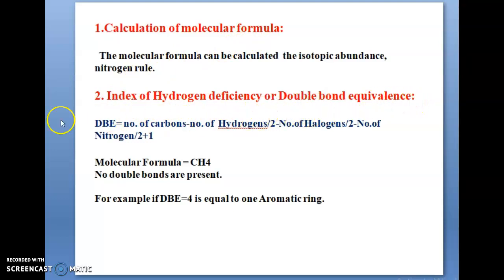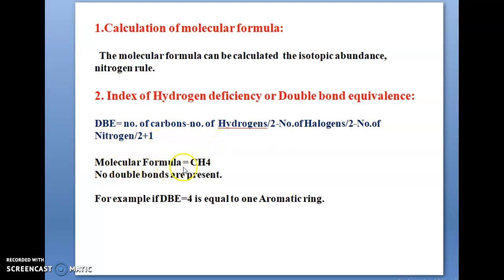How to find out the double bond equivalence? DBE, double bond equivalence, equals number of carbons minus number of hydrogens by 2, minus number of halogens by 2, plus number of nitrogens by 2, plus 1.